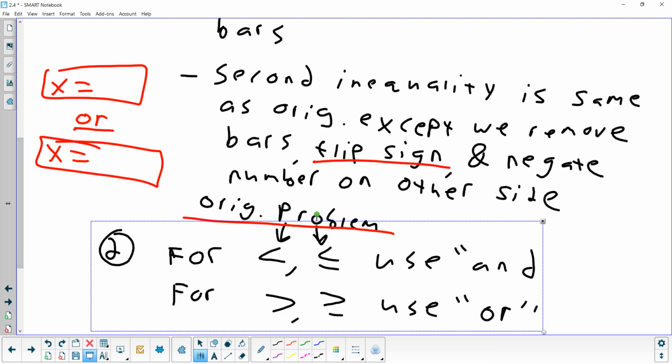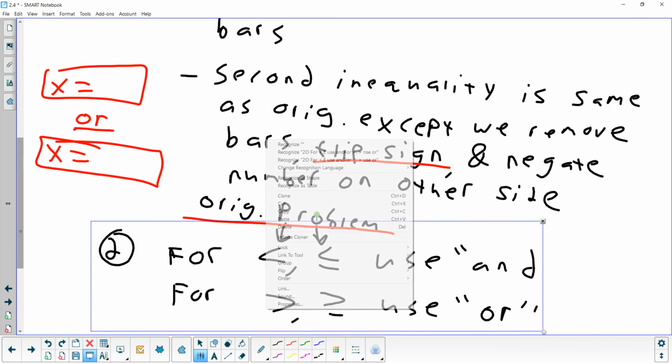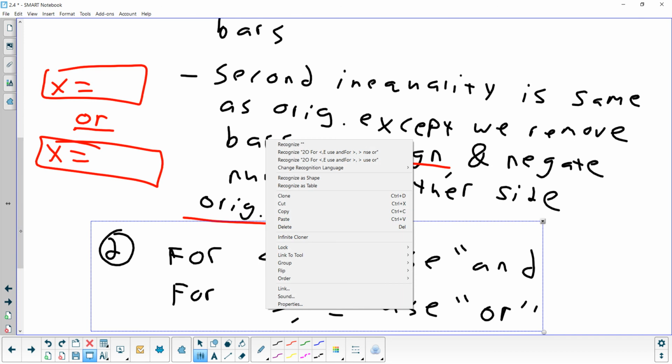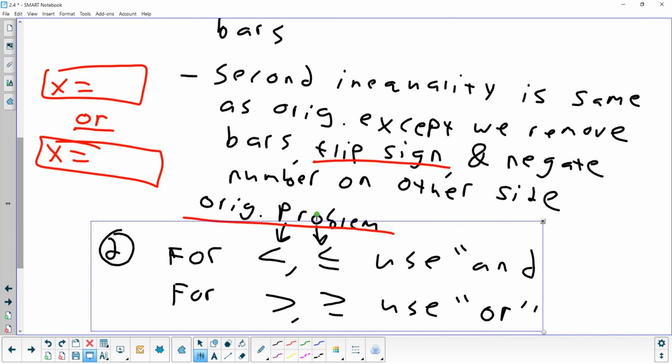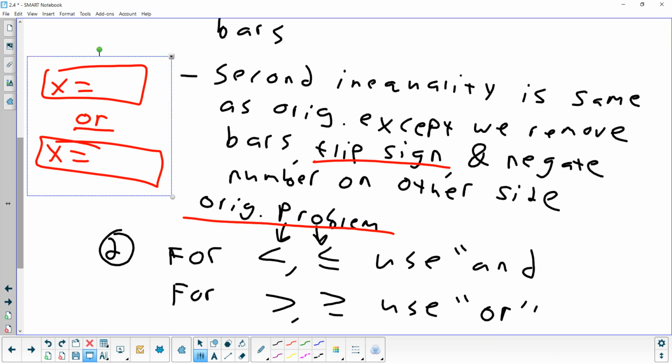This bottom one here is greater than or equal to. Think of it as greater. Greater uses or. Less than, and. Greater, or. That's how you decide whether you put an and or an or in the middle. And honestly, I do this first step right away. I just look at the problem and write down what word I need.